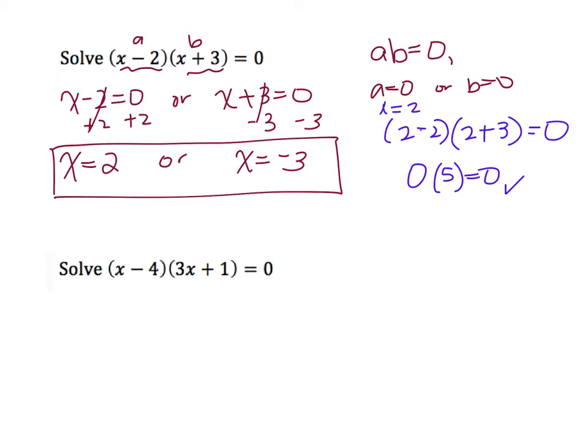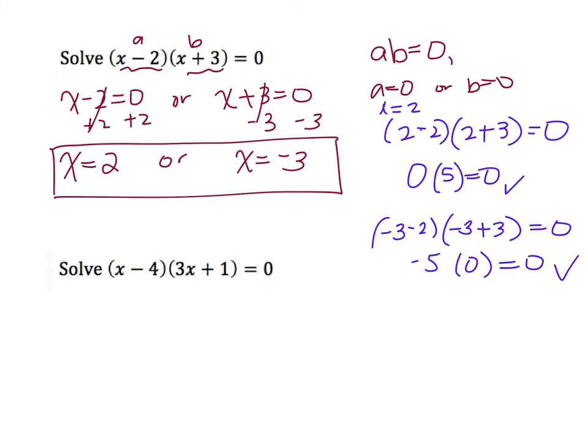Obviously, this is true because 0 is equal to 0. Since it makes one of them 0, that makes everything 0 already. So let's try plugging in negative 3. Negative 3 minus 2 times negative 3 plus 3 is equal to 0. This will make negative 5 times 0 equal to 0.